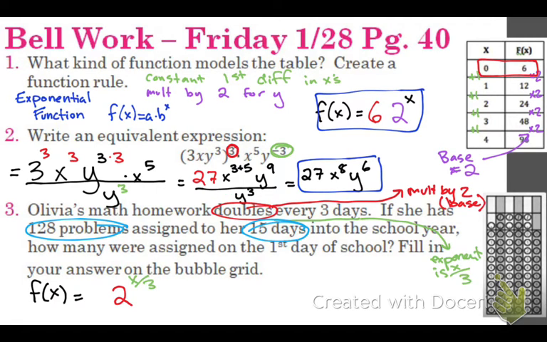So 128 will be the final amount when our x is 15. So what's our a? Do we know what our a is? No, we have to figure that out because they're asking us how many she had on the first day of school. So we want to find that initial value. We want to find a.